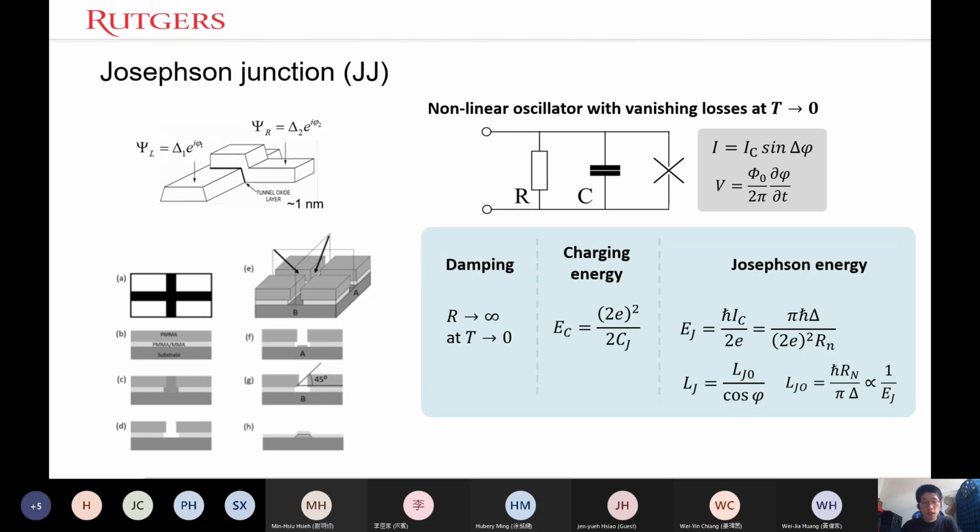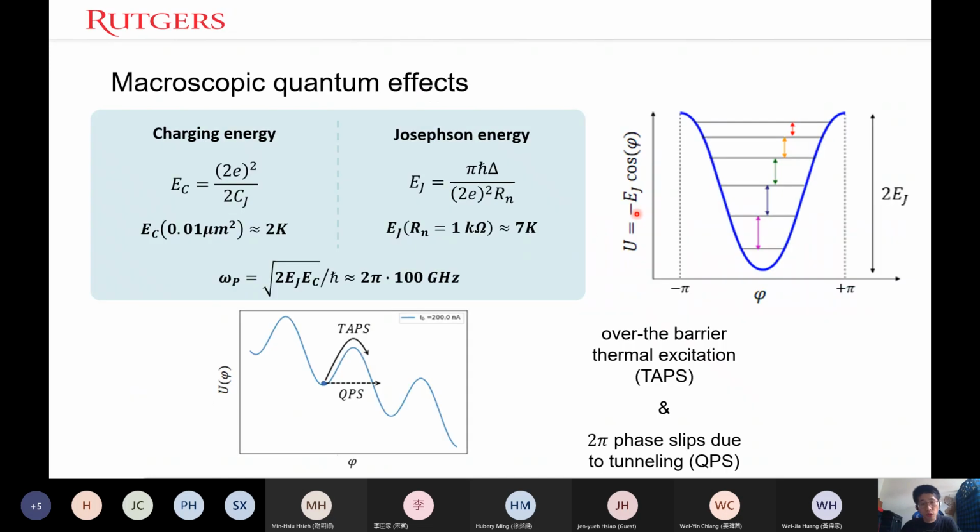Okay, and at a temperature much smaller than Tc, the junction is expected to be lossless because most of the charge carriers are a Cooper pair condensate, and the inductance and capacitance of a junction form a nonlinear oscillator. So basically, we only have EJ and EC, like this LC term, forming a nonlinear oscillator with high self-resonance frequency called the plasma frequency, typically around 100 gigahertz at vanishing losses.